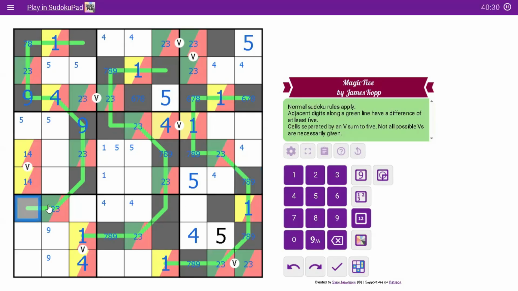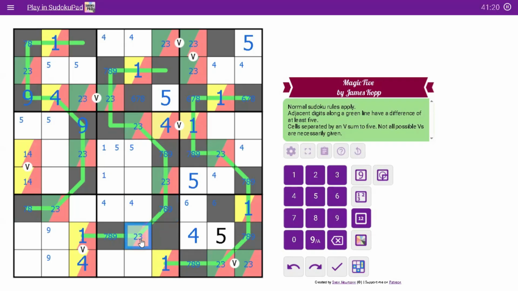This is not a 6. So it's a 7 or 8. So this is a 7, 8, 9 pair. Now it's looking juicy to have sixes here. You can't put a 6 anywhere here, so the 6 is definitely in one of these two positions, which means that's not a 6. That is a 7, 8, or 9.